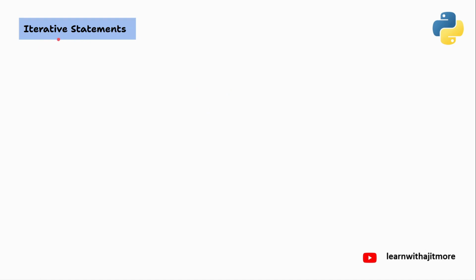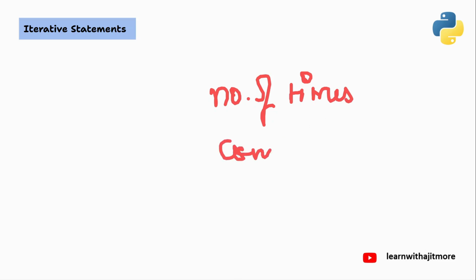So iterative statements or repetitive statements or loops perform some code block repeatedly for some number of times, okay, or till some condition becomes false.